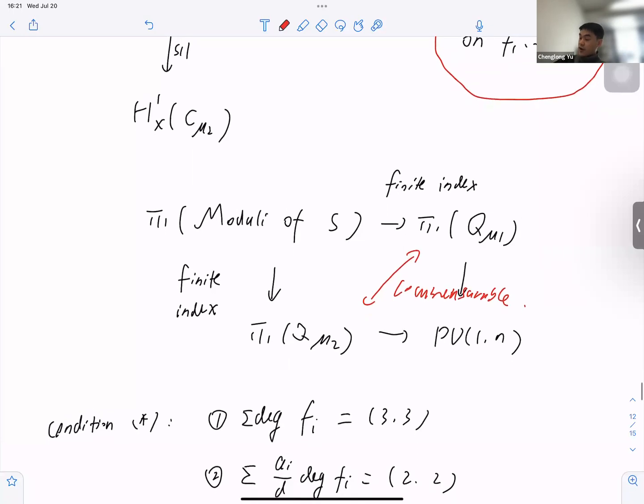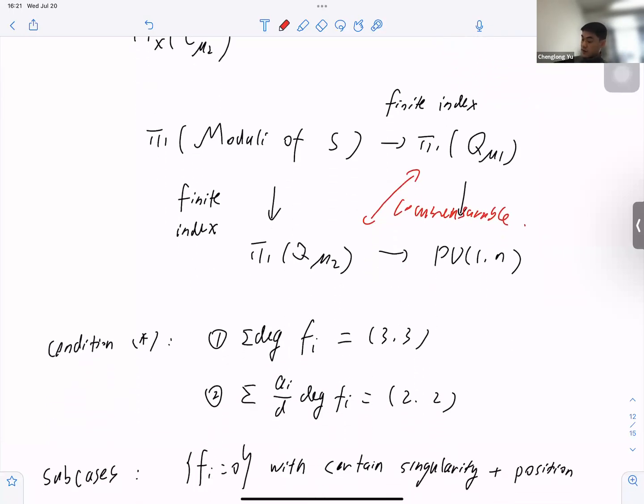And the numerical condition is not very hard. It's just that the summation of the degrees is equal to 3, and the weighted degree, the sum of mu_i times the degree of F_i, is equal to 2. So it's a generalization of the original Deligne-Mostow condition.